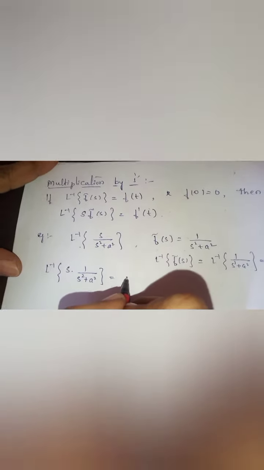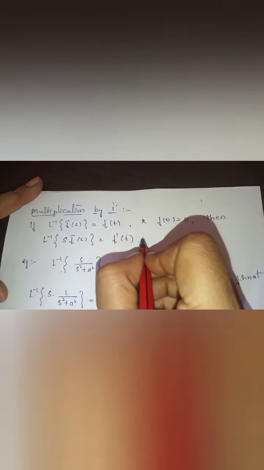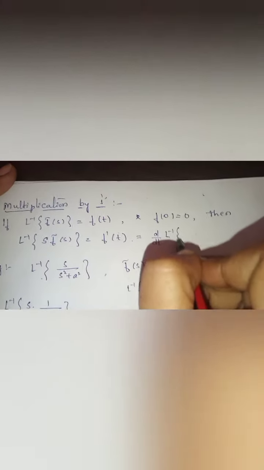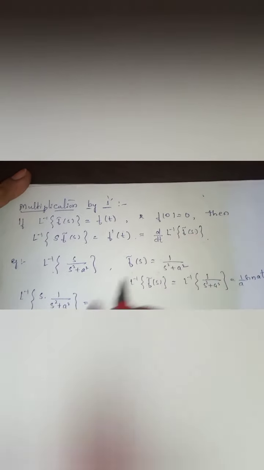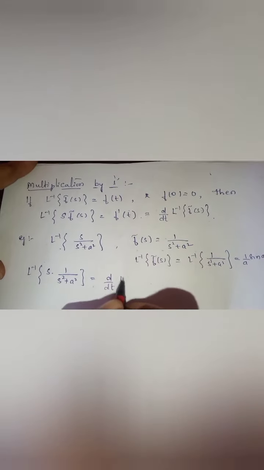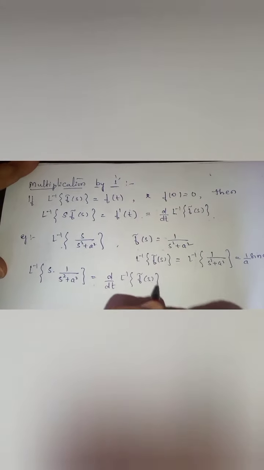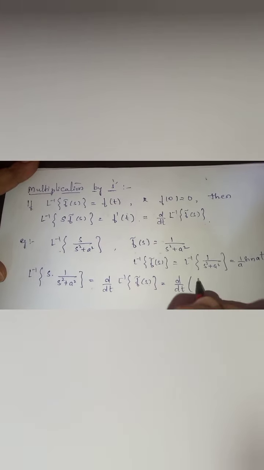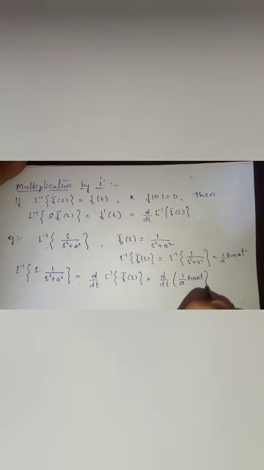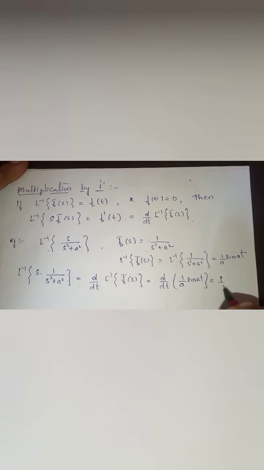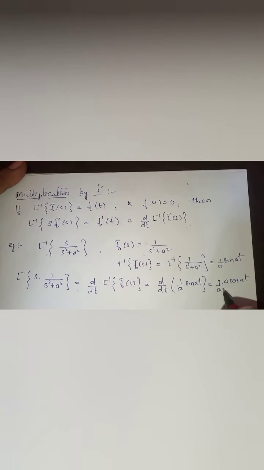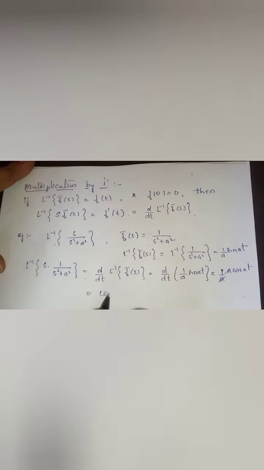So according to the property, Laplace inverse of s into 1 by s square plus a square is f dash of t, that is nothing but d by dt of Laplace inverse of f bar of s, which is nothing but d by dt of 1 by a sin a t. So this is equal to 1 by a into a cos a t, which is nothing but cos a t.